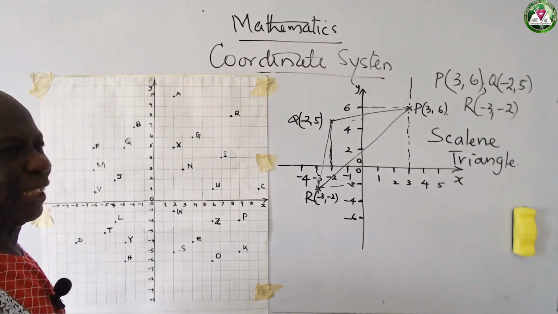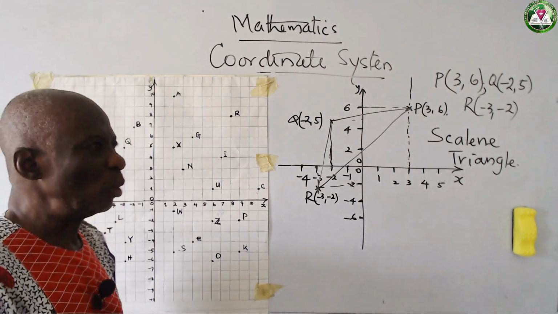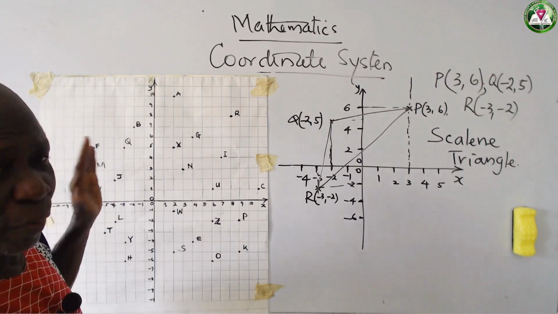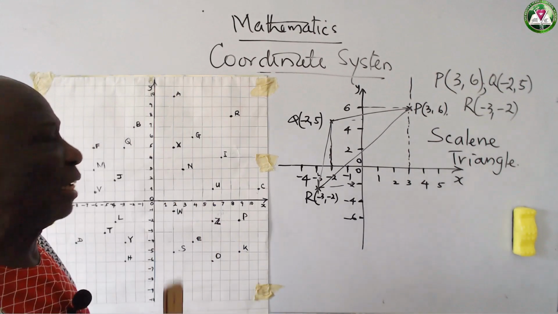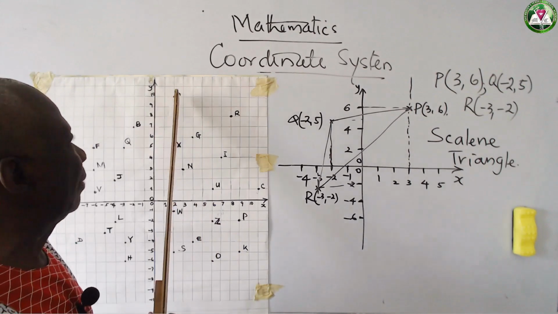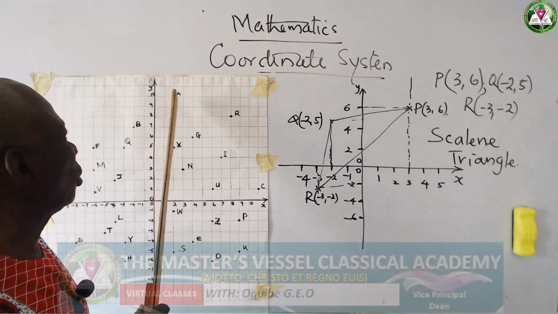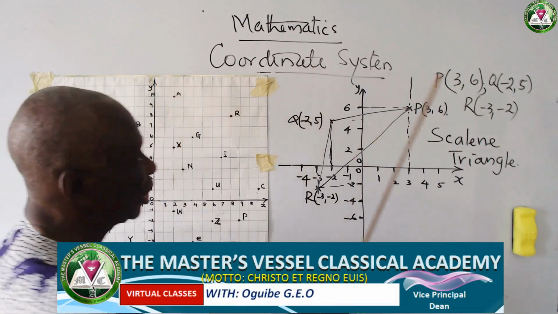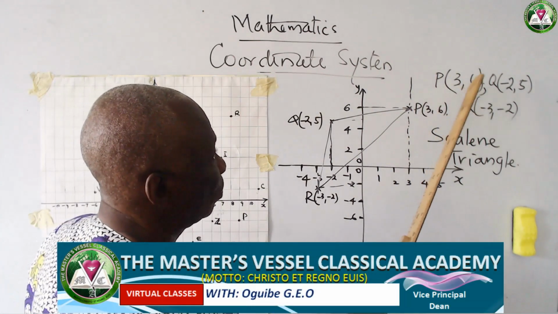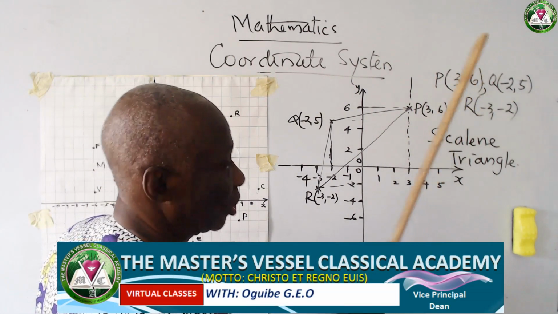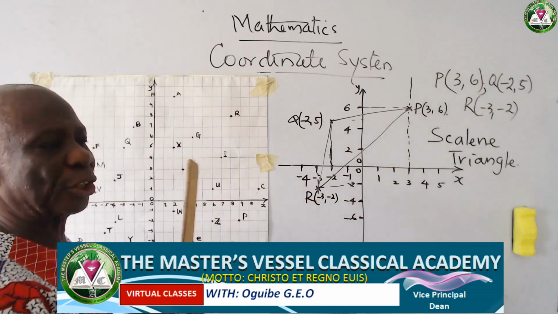Now, I will take point A. First of all, locate point A on the board. And that is point A there. Then for us to give the coordinates of point A, just like we gave the coordinates of point P to be 3, 6. We don't call it 36.